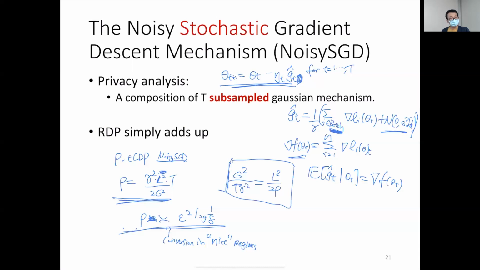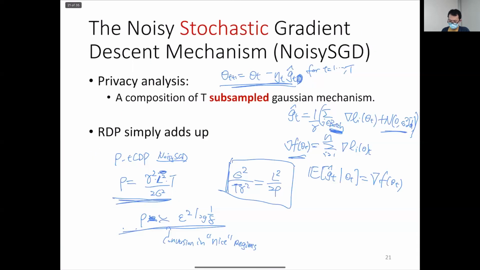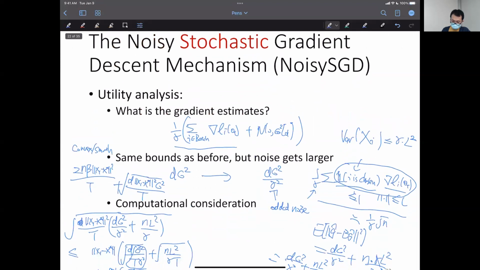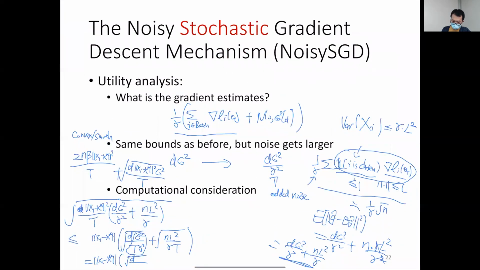So now let's substitute this back into the expression by replacing this part of the bound. What we get is square root of d over L square over rho.